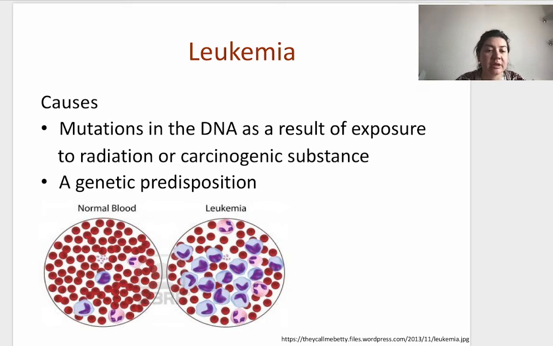Here you see on the picture a scheme of normal blood structure with a low number of young forms, and leukemia. You see a much bigger number of young forms of some blood cells. It can be leukocytes, erythrocytes, lymphocytes, different.